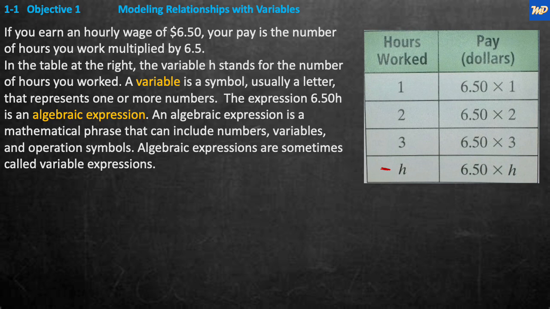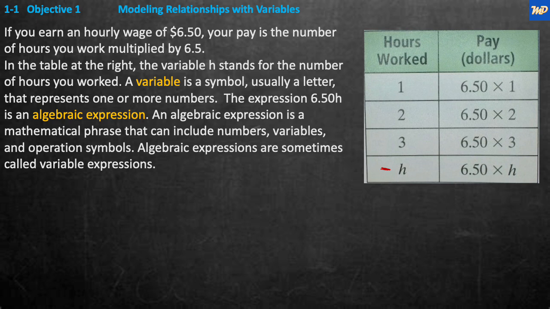The expression 6.50h, or 6.50 times h, is an algebraic expression. An algebraic expression is a mathematical phrase that can include numbers, variables, and operation symbols. Algebraic expressions are sometimes called variable expressions.